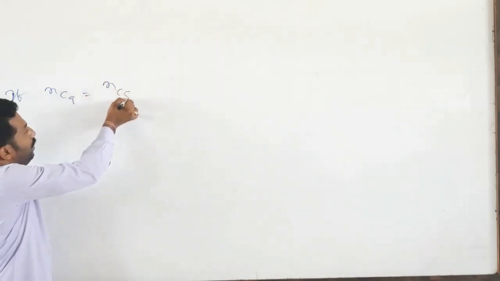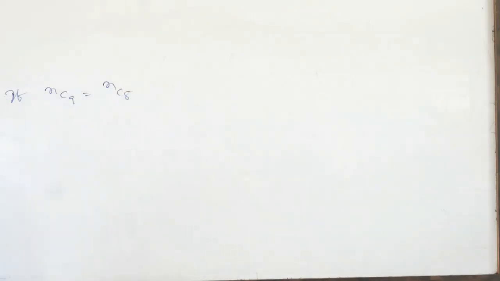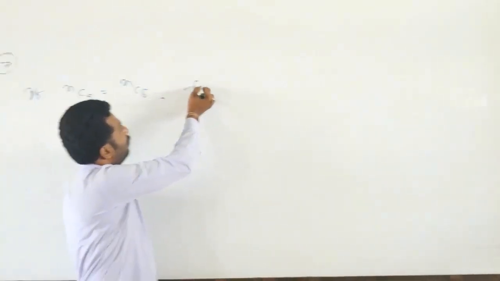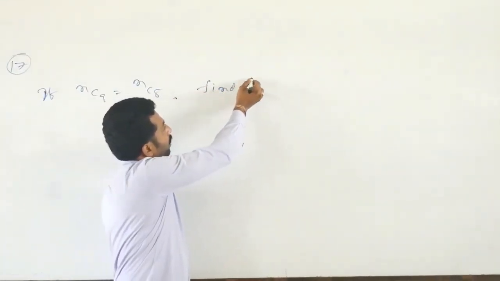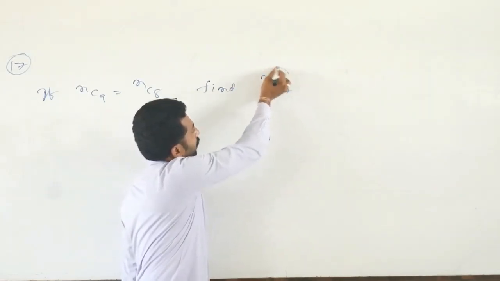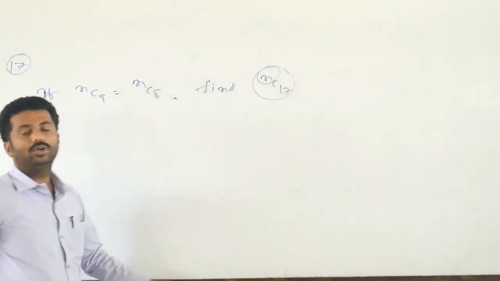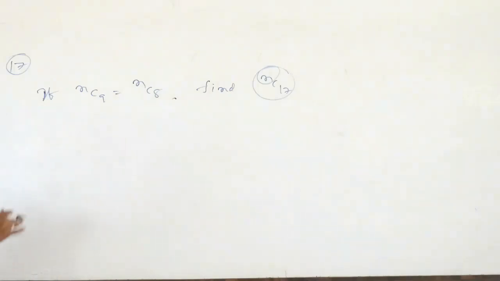The question asks: if nC9 equal to nC8, then find the value of nC17. If you know n, you can calculate nC17.